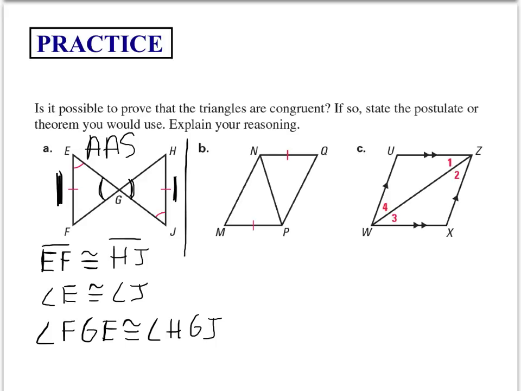Okay, let me just give us some space here. So for this next one, I'm going to do B up here. So once again, I want to separate these to show you guys what's really happening here.